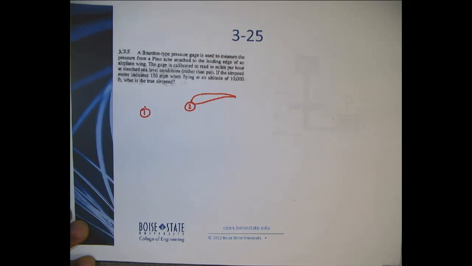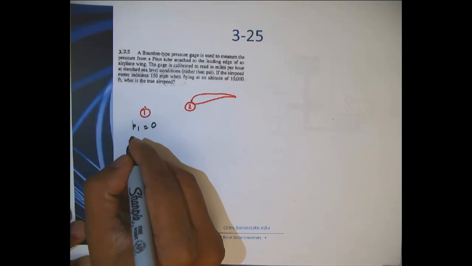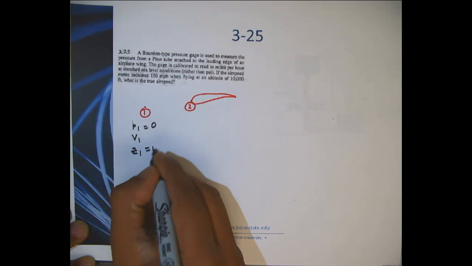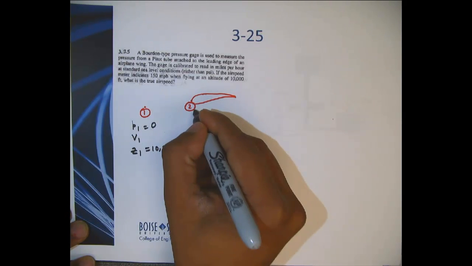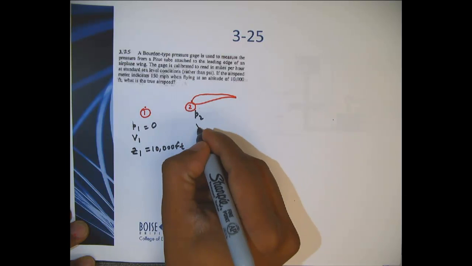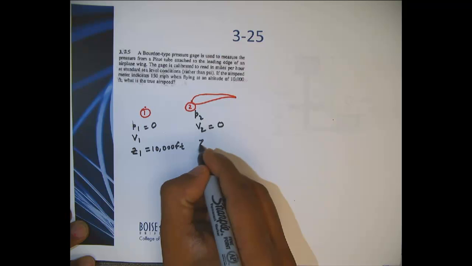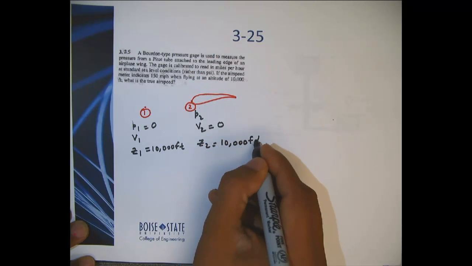So I know that P1 is 0 gauge. I don't know V1 yet, but I know Z1 is 10,000 feet. I don't know P2, but I know at the stagnation point the velocity is 0, and I know that the elevation is the same.